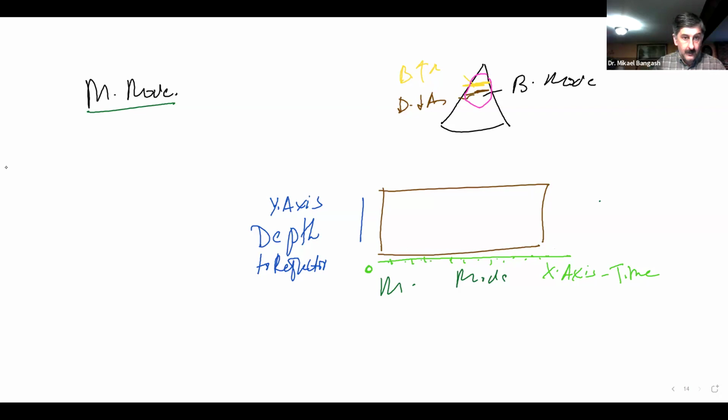Whereas along the y-axis, this is going to be shallow depth and this is going to be deeper. So as we go from here to here, there's just going to be greater and greater depth, just as we had in the regular B mode image. Did you guys get that?